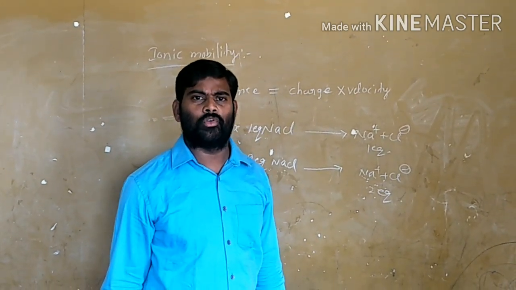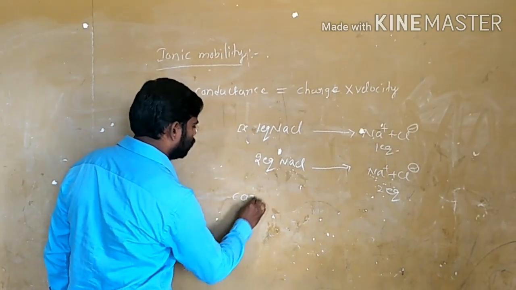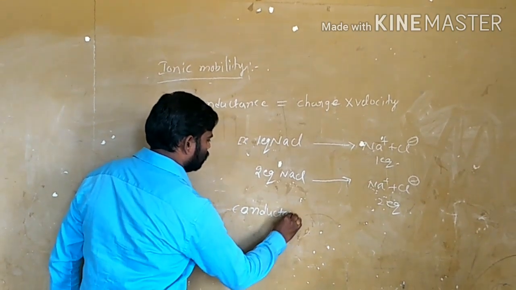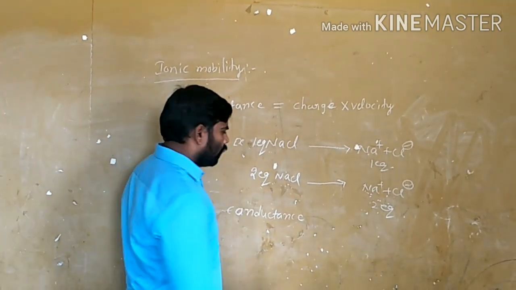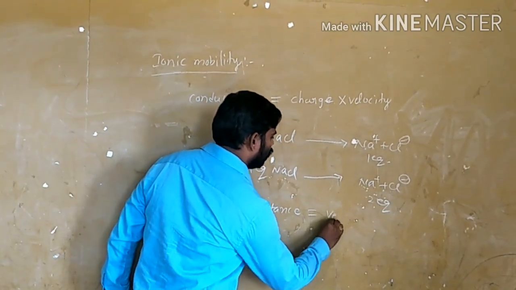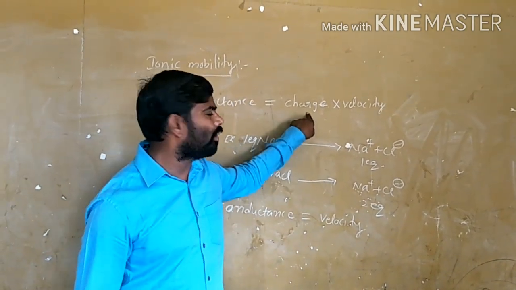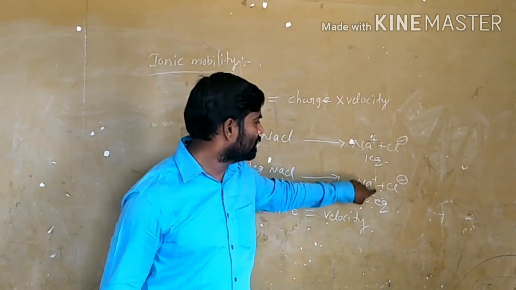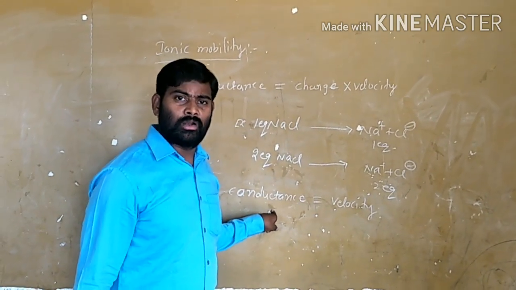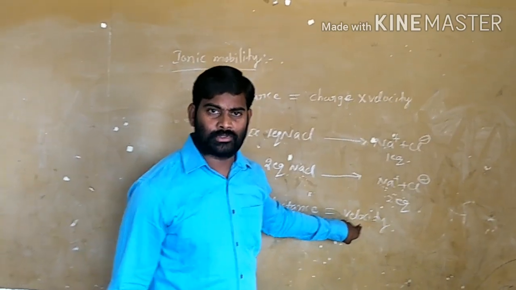From this, you can say that conductance now mainly depends on the velocity, because the total charge carried by all the ions at infinite dilution is the same. That's why the conductance now depends only on the velocity of individual ions.